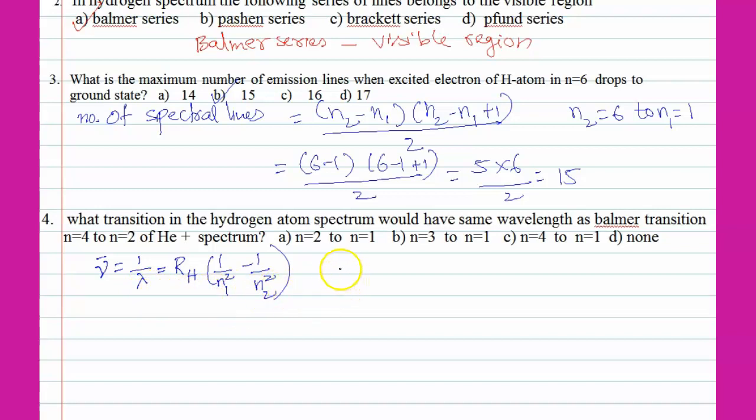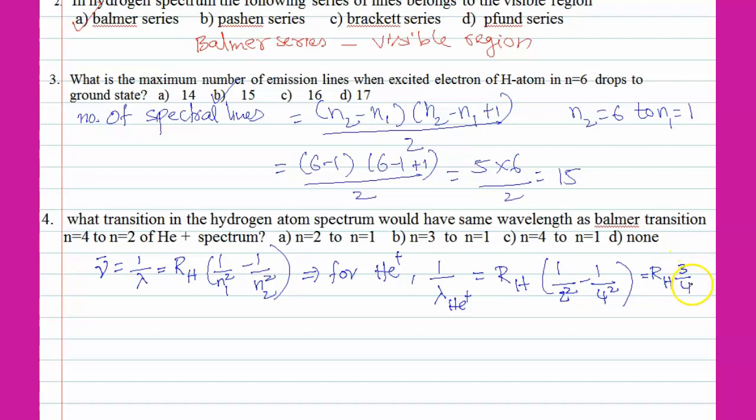First we have to find it for helium plus: 1 by lambda He plus equals RH into (1 by 2 square minus 1 by 4 square), since they already gave the data for helium plus, n equal to 4 to n equal to 2. So we substitute those values. 4 square is 16, 16 minus 4 is 12, 12 by 4 into 16, so totally we get 3 by 4.